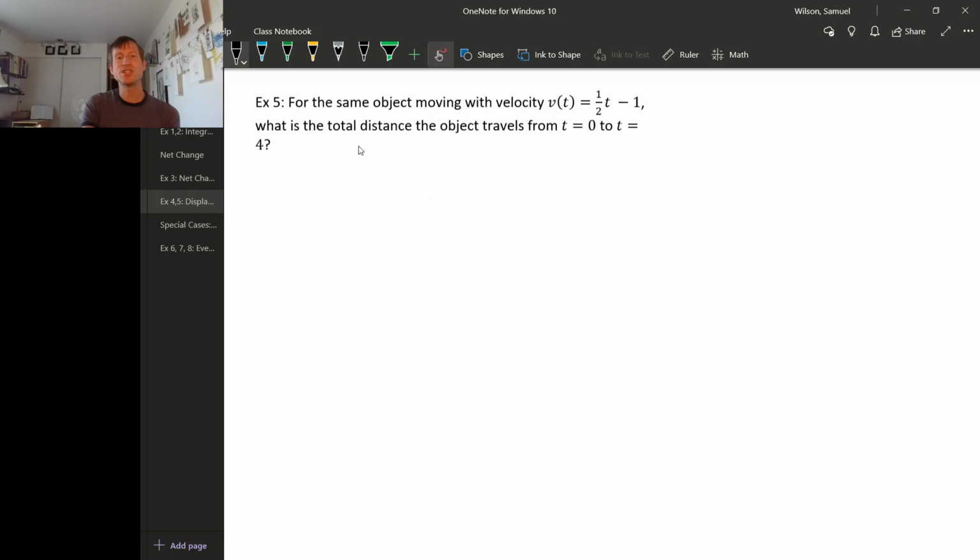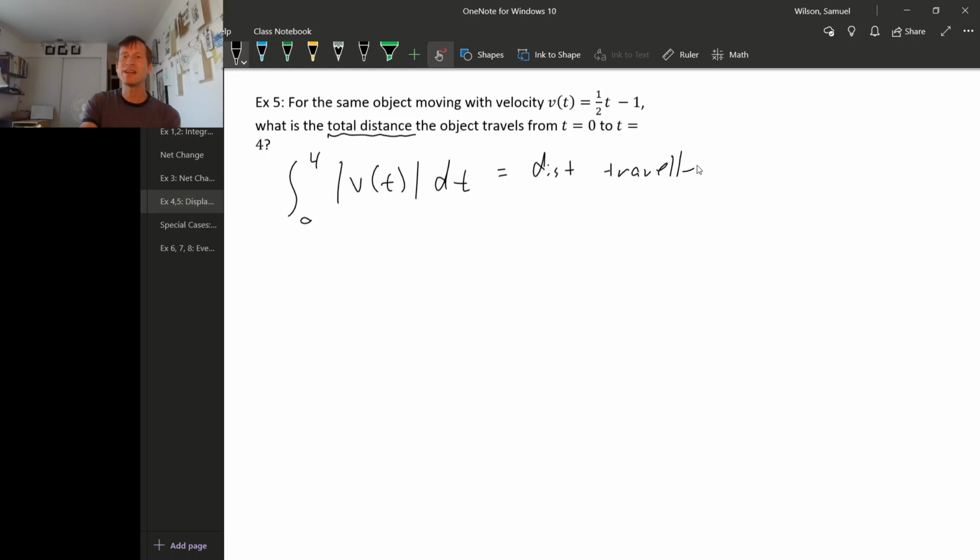So if we want to find the total distance traveled, instead of integrating the velocity, which is sometimes positive and sometimes negative, we want to treat all velocity as being positive so that none of it ever cancels out. In other words, we need to integrate the absolute value. So this is going to be the total distance traveled.